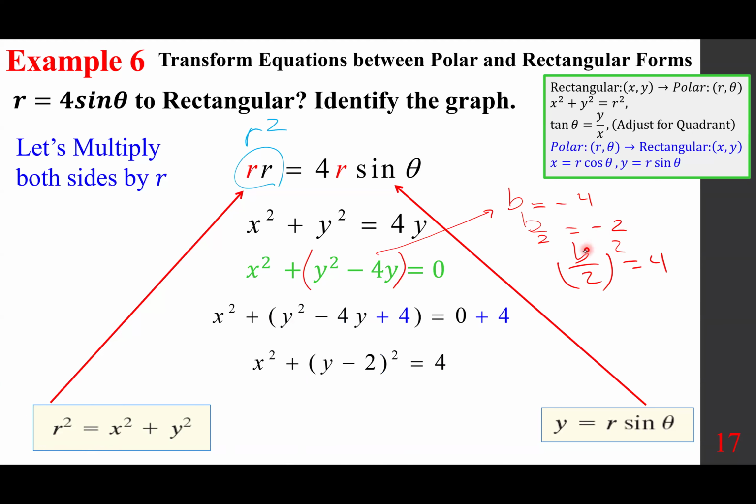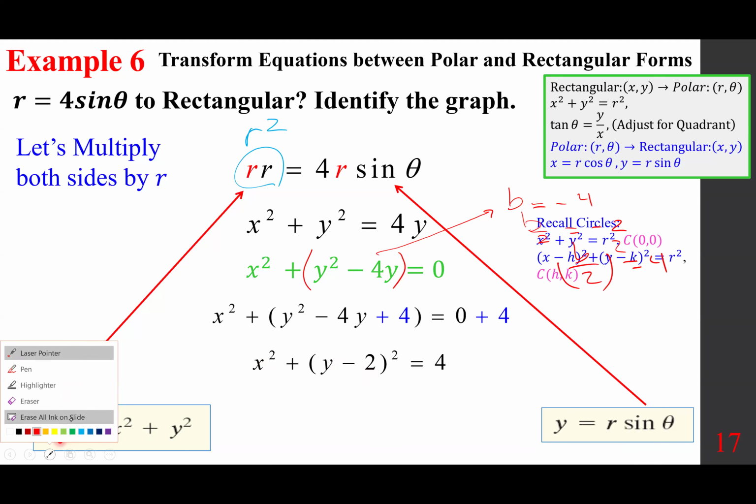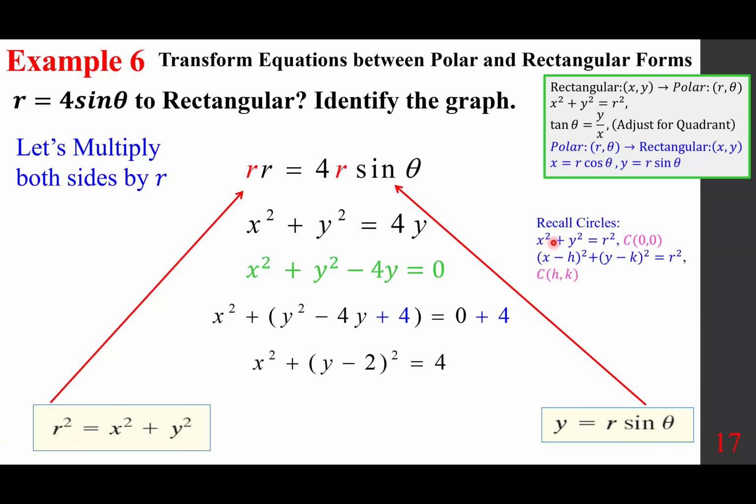And this is a circle with center located at 0, 2, and the radius 4. So let me actually erase my work now. So reminding you, x squared plus y squared equals r squared has a center at 0, 0. x minus h quantity squared plus y minus k quantity squared equals r squared with center located at h comma k, right?